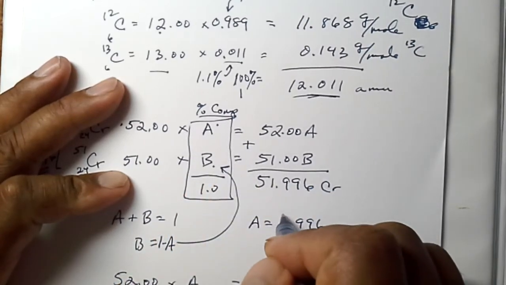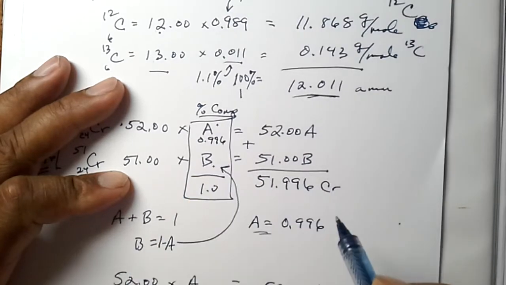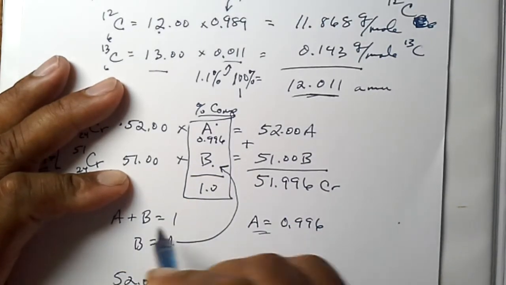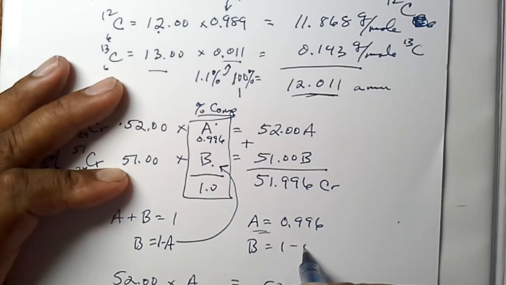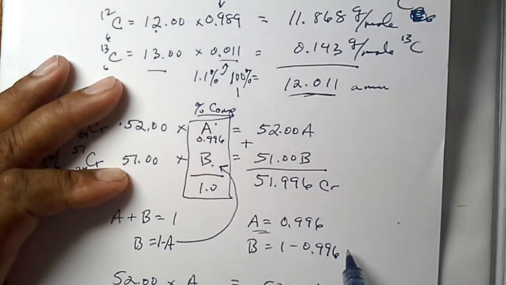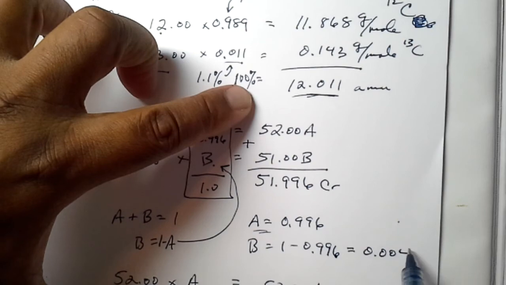So if we substitute 0.996 for A here, and now what is B? B is equal to 1 minus 0.996. Alright? And that's going to equal 0.004.